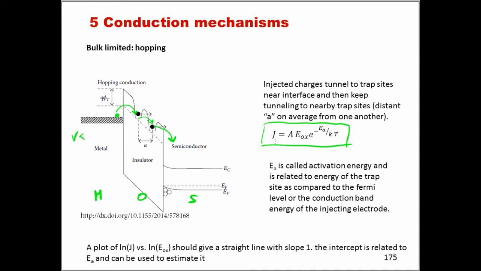So J would be equal to a constant times the electric field applied across the oxide times an exponential term that depends on a constant, EA, and kT, which is thermal energy, where EA is something that is related to the barrier that the electrons have effectively to tunnel through.